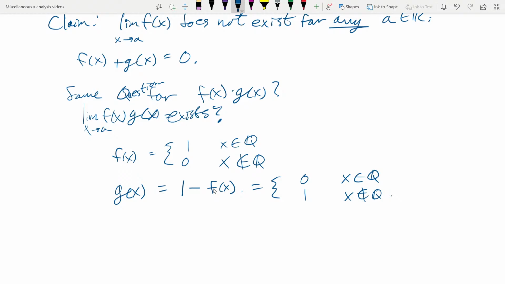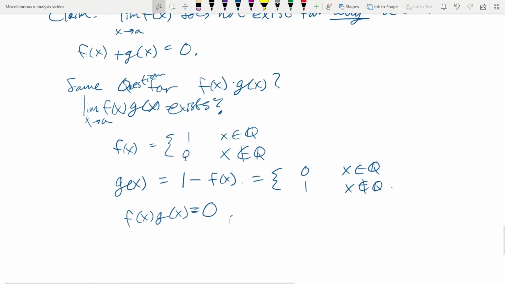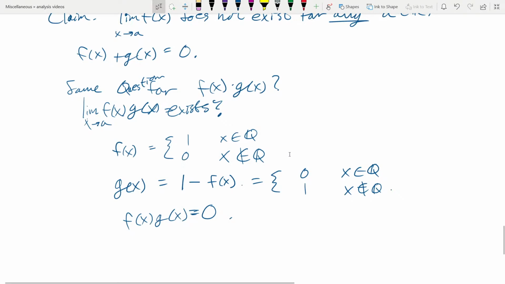At every point, one of them is going to be 0. So f of x times g of x is equal to 0. And therefore the limit of the product exists everywhere, even though the limits of the individual ones existed nowhere.